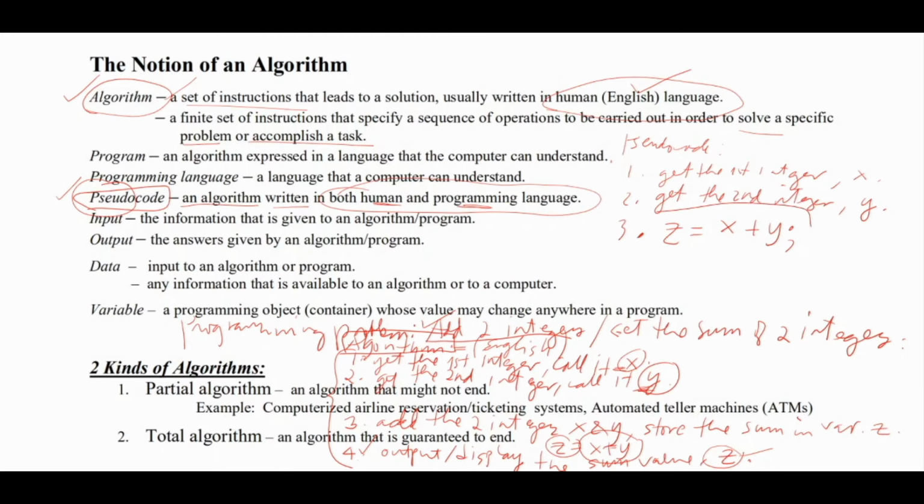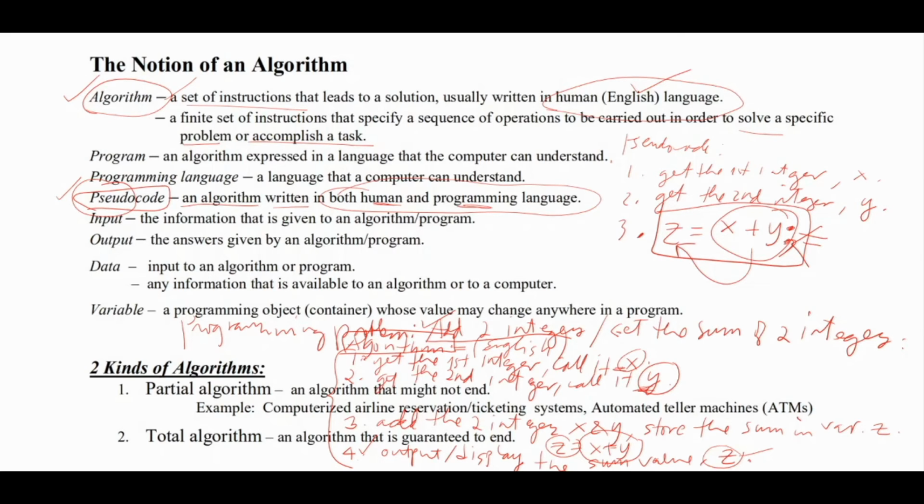Now this instruction, number 3, is an instruction using the C programming language or Java. Okay, so this is a programming language instruction. The meaning of this is that you add x and y, and the result of adding is assigned to variable z. And then we terminate the statement with a semicolon.